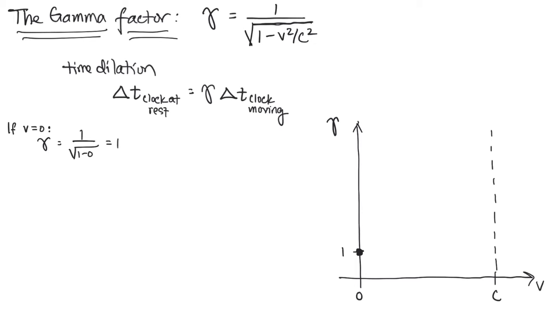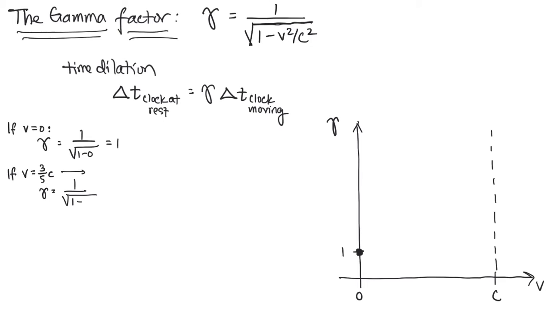Let's pick a few representative values. What about if v is equal to 3/5 of the speed of light, so that's 60% of the speed of light? We can play the calculation game again. Gamma equals 1 over the square root of 1 minus (v over c) squared.